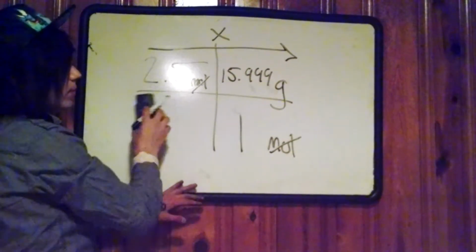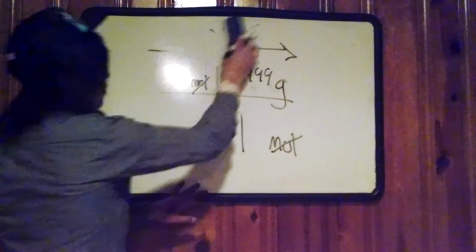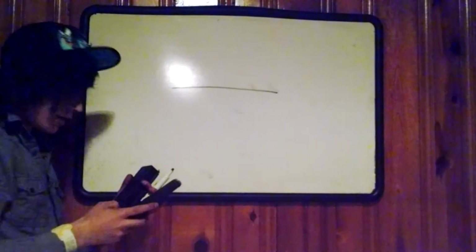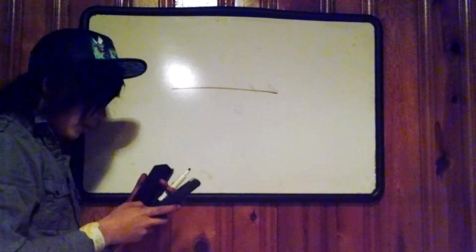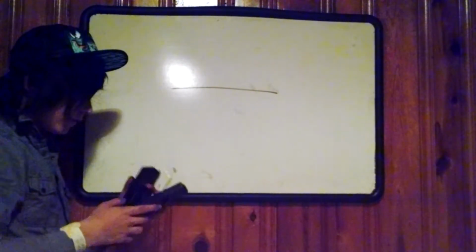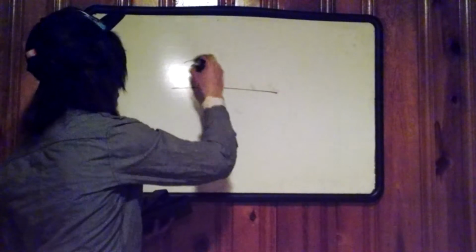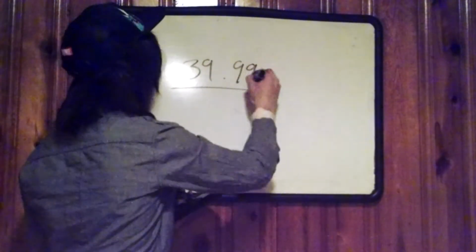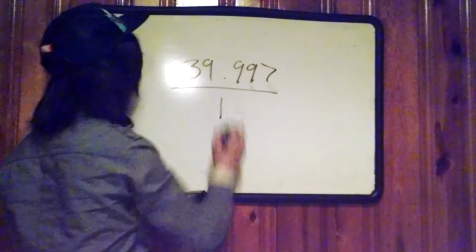So multiply 2.5 by 15.999 to get the answer of, grab my calculator here. So 2.5 times 15.999 gives us the value of 39.997 over 1.